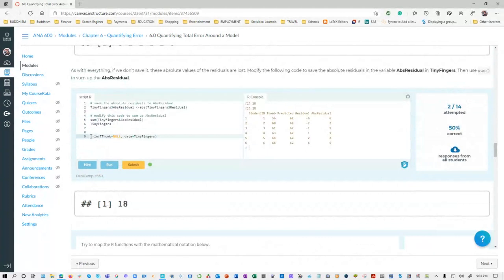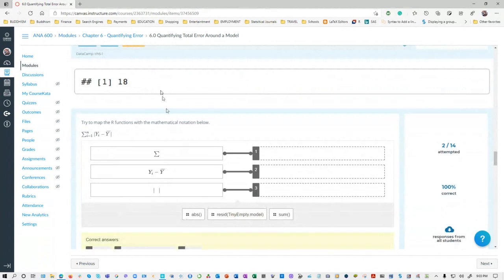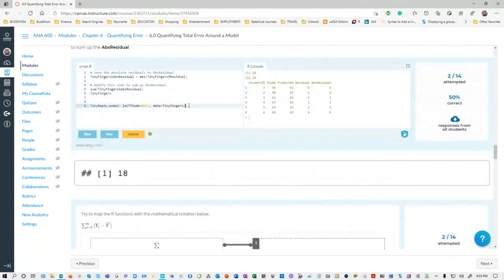See, tiny empty dot model. Save to that one. Now, if I want its residual, residual coming from that means y minus y bar. Automatically, the program will calculate our residual. I'm talking about this column. Okay, how did we get this column? I'm trying to get this column. See? And then we go to the same tiny fingers data.